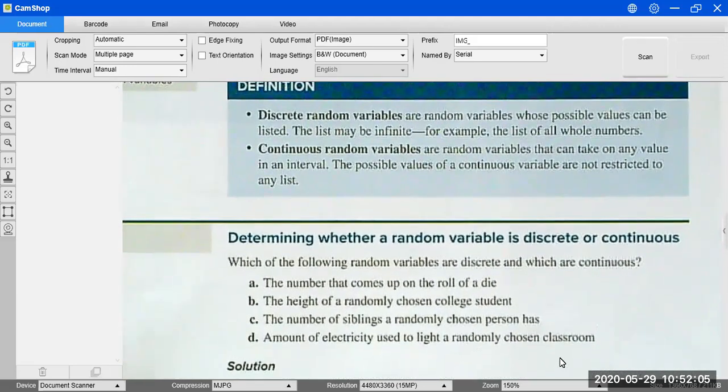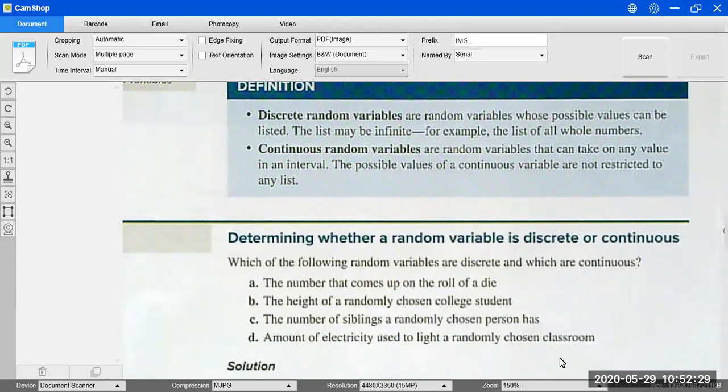The first one is the number that comes up on the roll of a die. The second is the height of a randomly chosen college student. The next is the number of siblings a randomly chosen person has. And finally, the amount of electricity used to light a randomly chosen classroom.